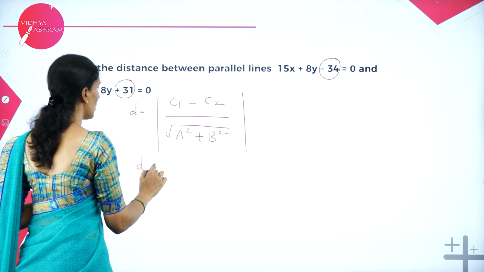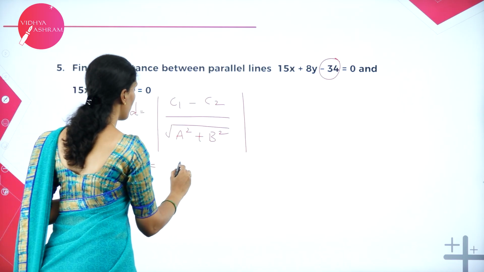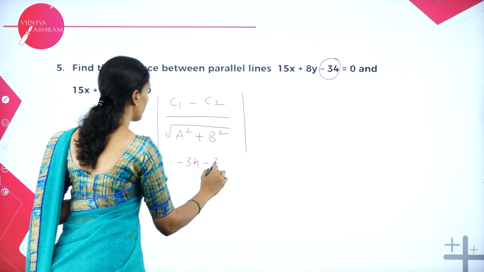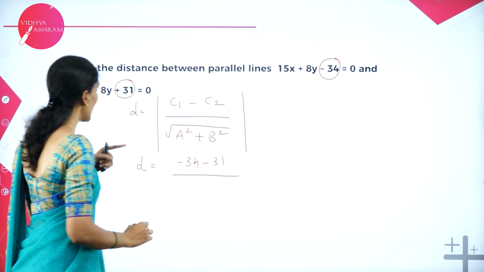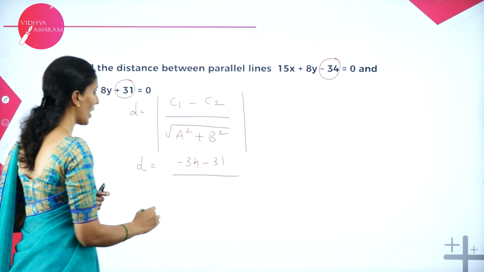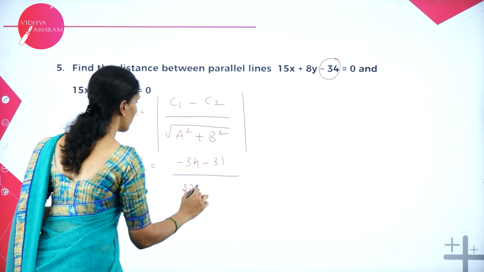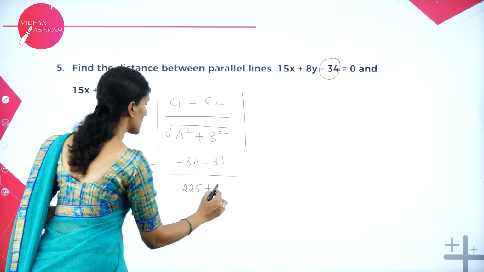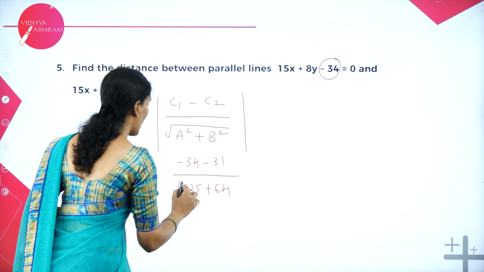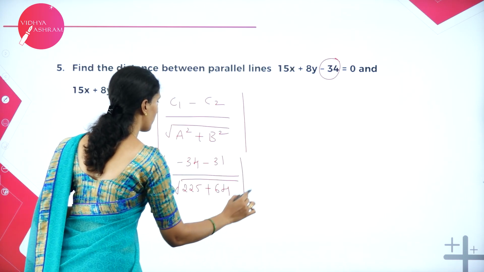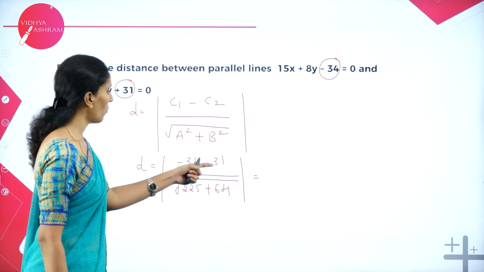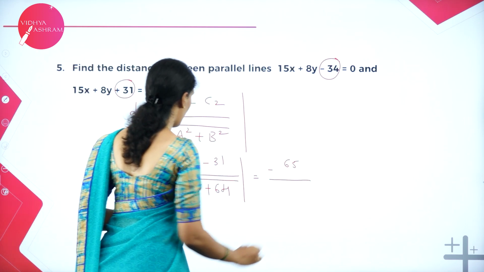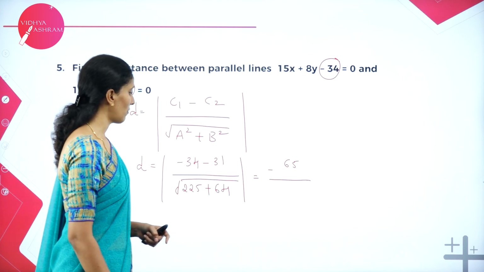So distance is equal to modulus of C1 is minus 34 and C2 is 31, divided by square root of A square, which is 15 square, 225, plus B square, 8 square, which is 64. Minus 34 minus 31 is minus 65, divided by square root of 225 plus 64.